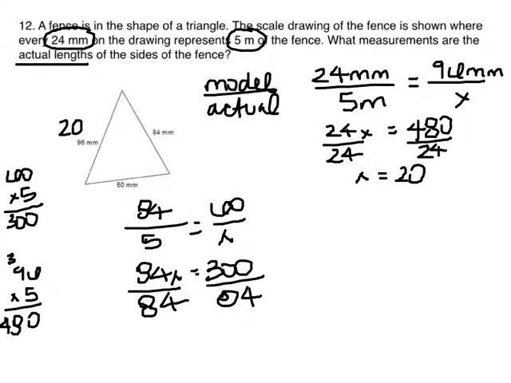So we need to do 300 divided by 84. Okay, 300 divided by 84.